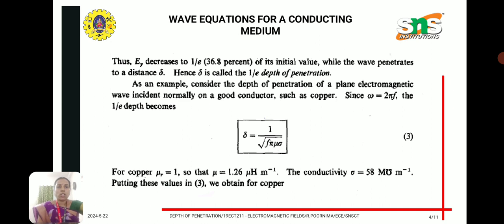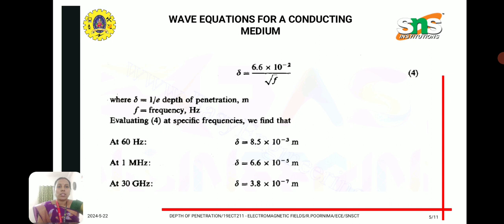Here for copper mu r is 1. Substituting the value of conductivity, we obtain delta as 6.6 times 10 power minus 2 divided by square root of f. So the depth of penetration varies inversely with the square root of frequency.